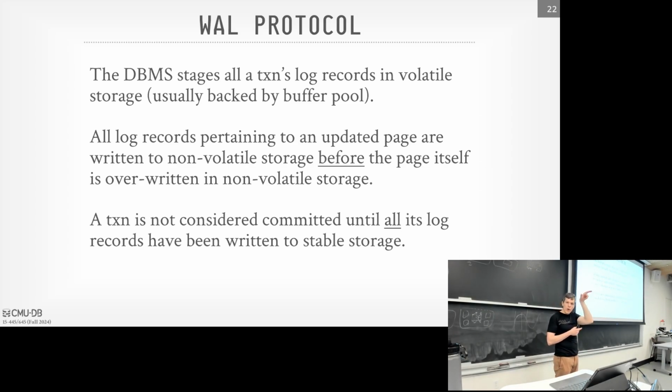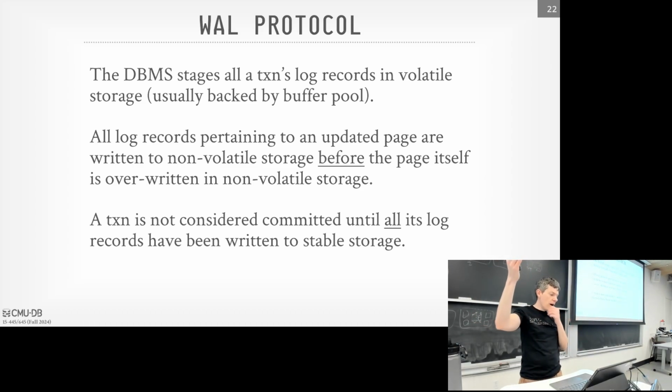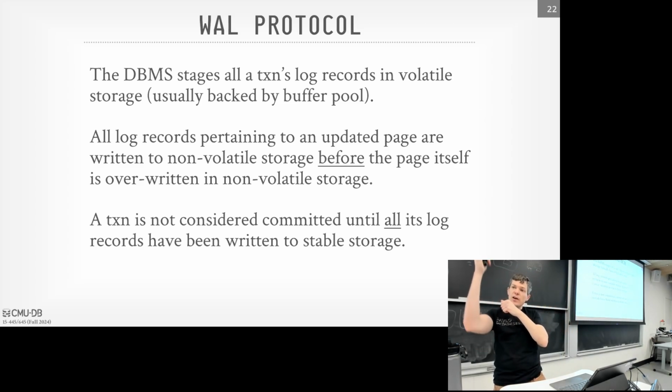We know the order in which these log records are getting applied, and we know the log record number that corresponds to a change that was made to a page. So when we decide whether to evict a page under the steal policy, we know the watermark, the threshold for the log record numbers that have been written to disk. Anything modified by log records prior to that is durable on disk, and therefore I can evict it.